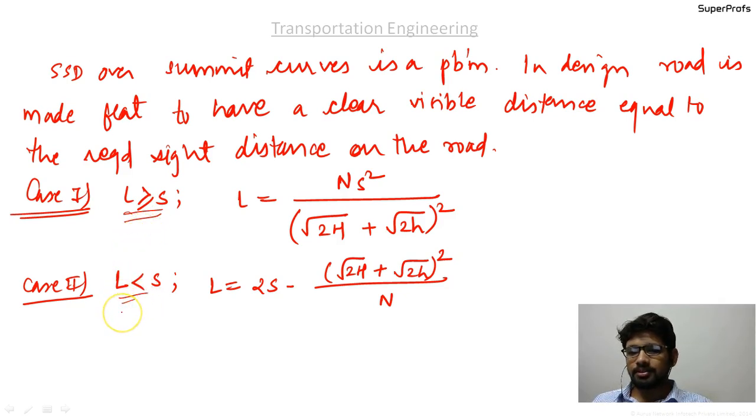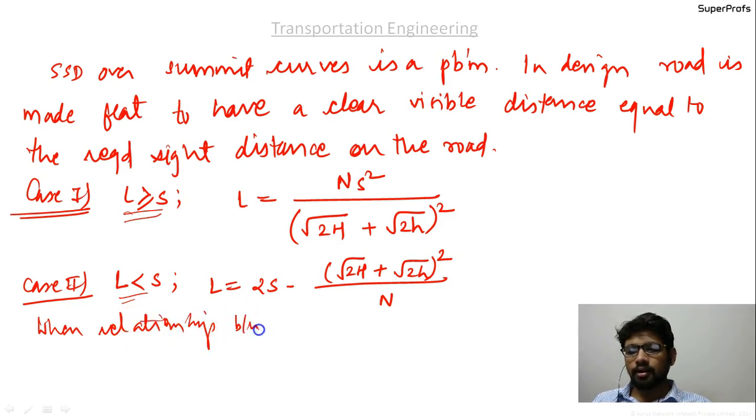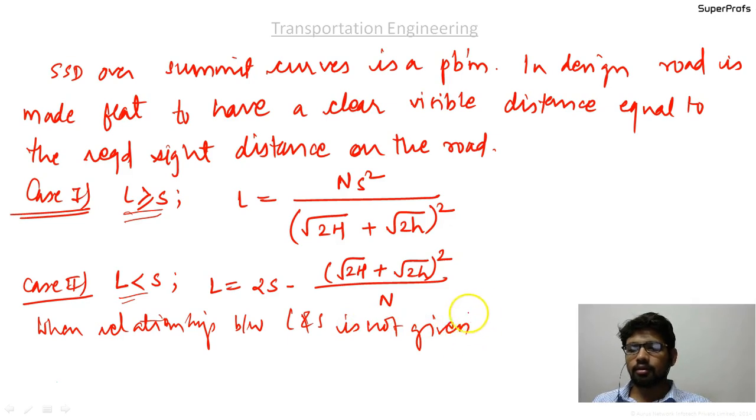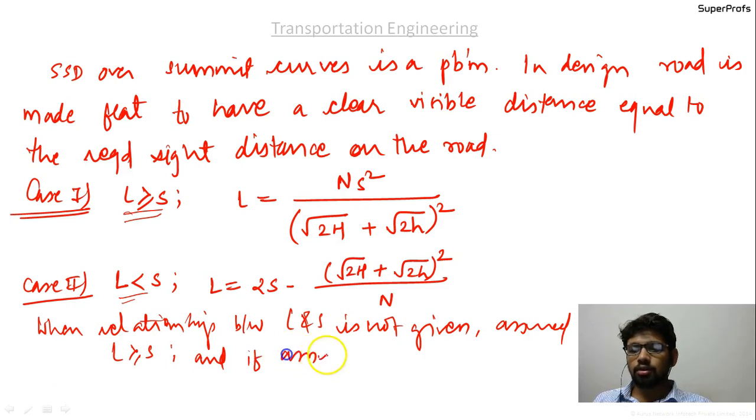Please write this down: when the relationship between L and S is not given, assume L is greater than or equal to S, and if the assumption is wrong, please write down the rest, I'm not writing, okay?